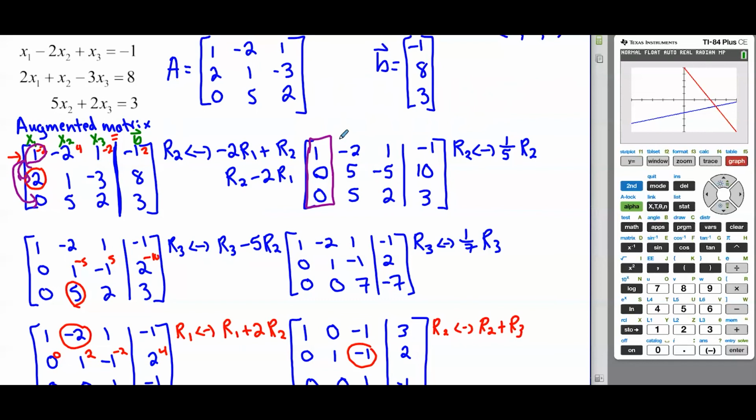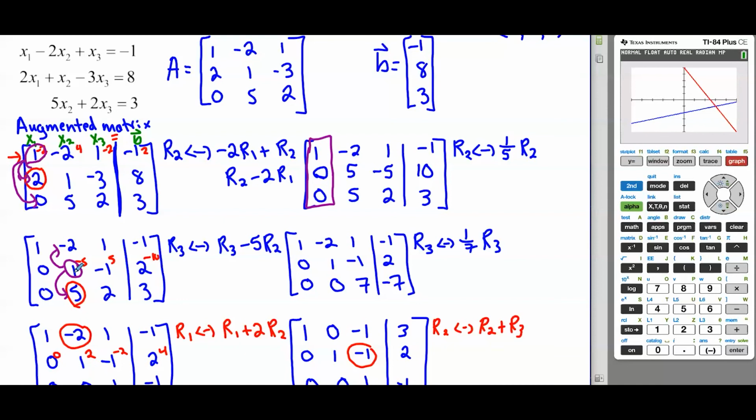The second thing you want to do is move down and to the right to, in this case, the middle entry. We want to make that a 1. So I divided by 5 and I got my 1 here. And then you want to use that 1 using elimination, right? Using the same things that we did when we took our algebra class and used the elimination method.